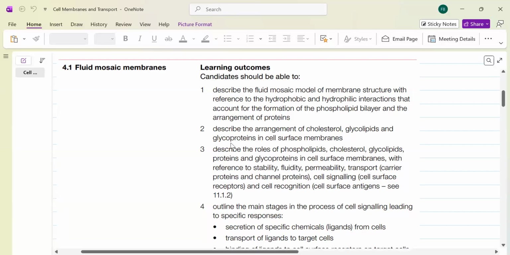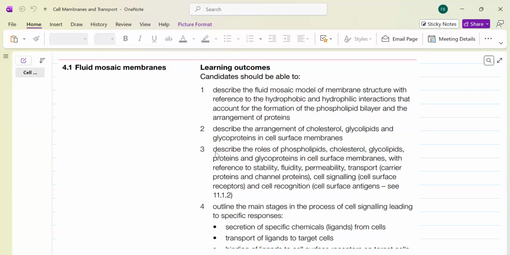And in section 4.1 part 3, there is discussion about the role of these. Firstly, in part 2, we will discuss the arrangement of cholesterol, glycolipid, glycoprotein. But in part 3, we will discuss their roles as well. What is the role of phospholipid, what is the role of glycoprotein in the phospholipid bilayer?